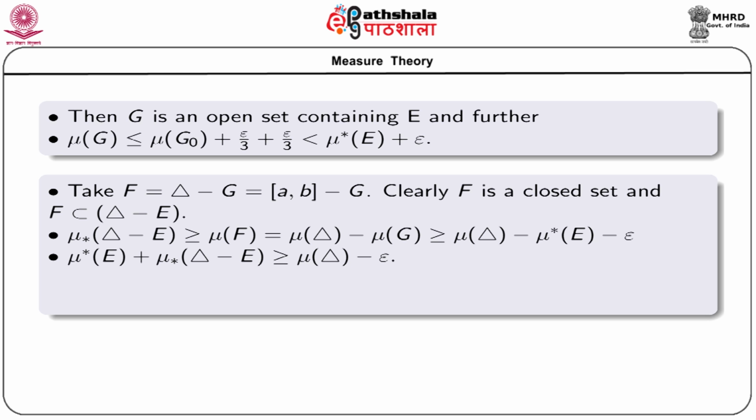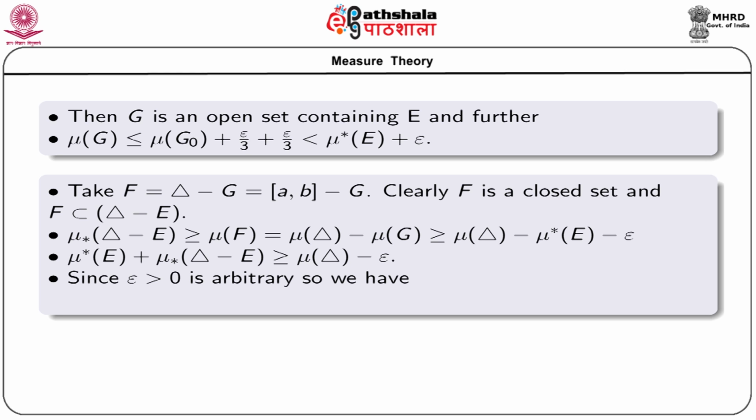And consequently, we get mu upper star E plus mu lower star of delta minus E is greater or equal to mu of delta minus epsilon. Again, observe that on the left hand side we have a fixed quantity which is greater or equal to the right hand side for any epsilon greater than 0.